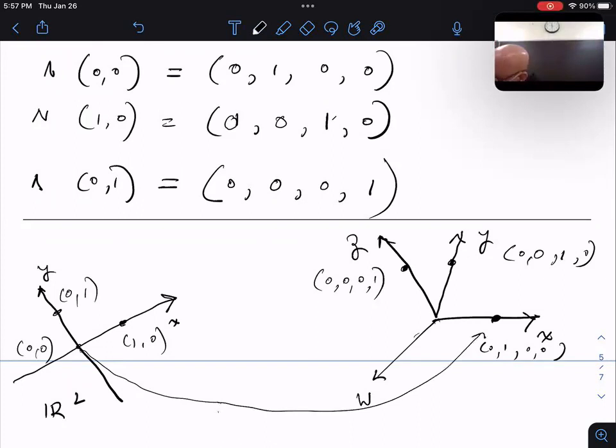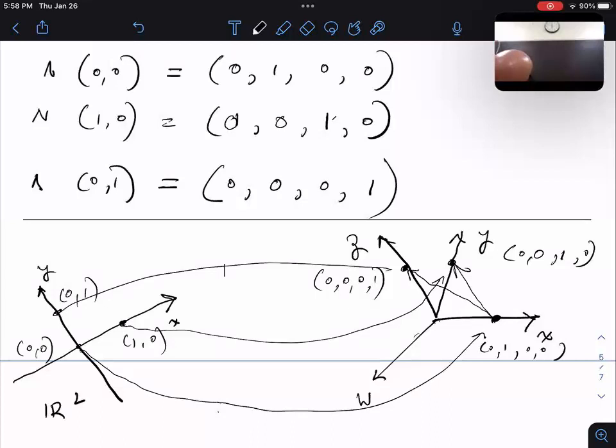This has been mapped to this point. 1, 0 has been mapped to which point? 0, 0, 1, 0. So 1, 0 has been mapped to this point. And 0, 1 has been mapped to this point. Which means that these two span the flat. So effectively, the 2-flat looks like this.